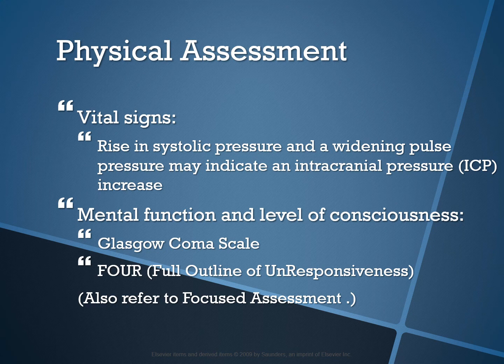So that means you have 6 categories. So if you just learn it like that, eyes has 4, verbal has 5, motor has 6, so it's a total of 15. So the best you can get is a 15. The absolute worst you can get, if you're dead, is 3. So you might want to learn the Glasgow Coma Scale. All right?